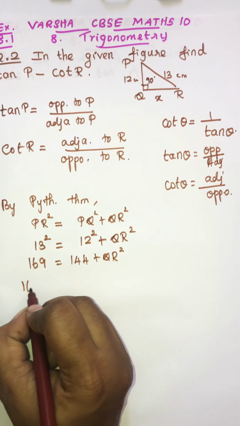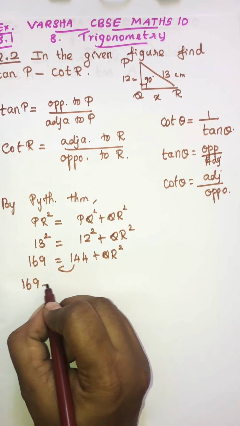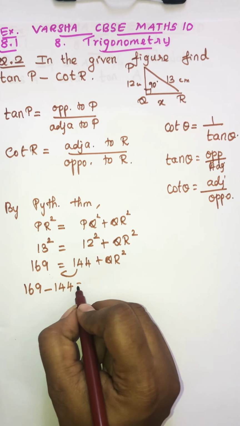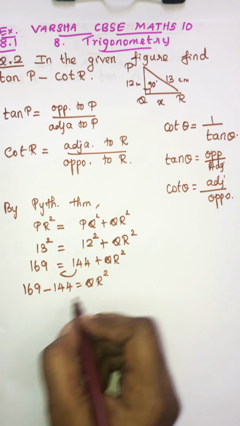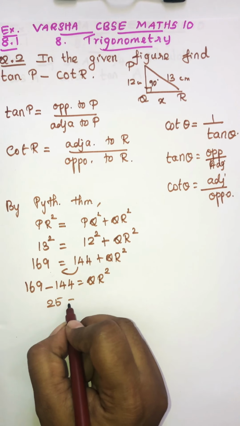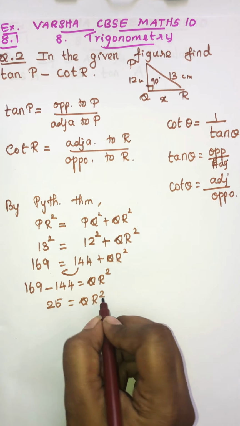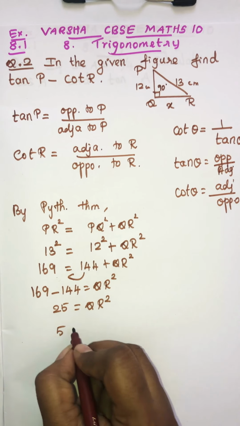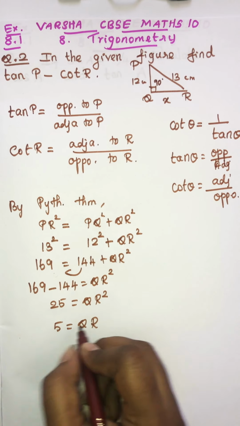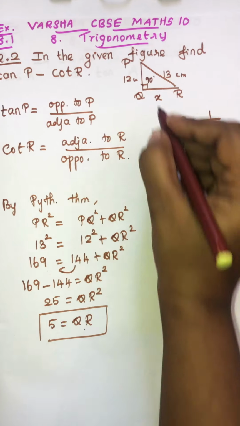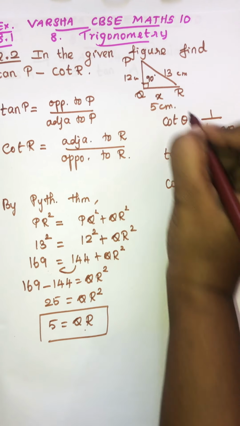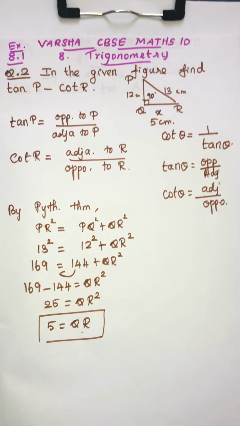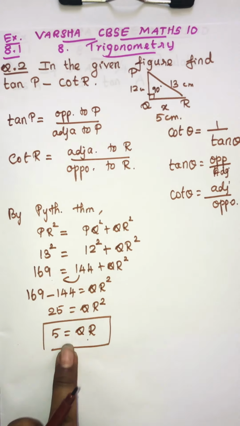So 169 minus 144 equals QR square. If you subtract, you get 25, that is QR square. Taking the square root, you get 5 as QR. So QR is 5 centimeter. Now we found the other side.